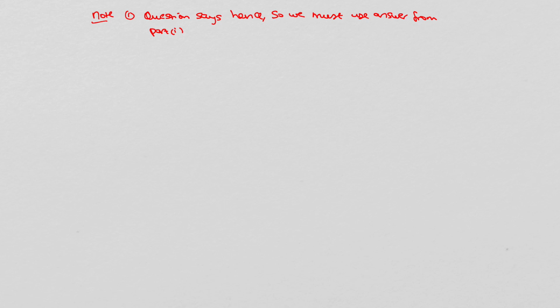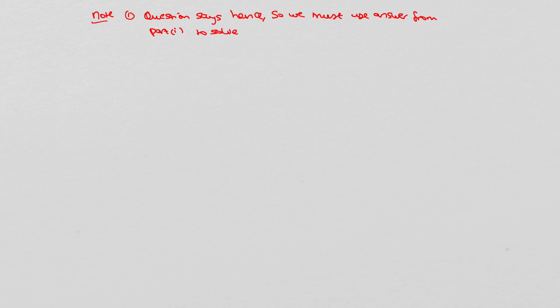So let's make a note of that. So we say note 1. So the question says hence. So we must use what we've got from the first part to solve.